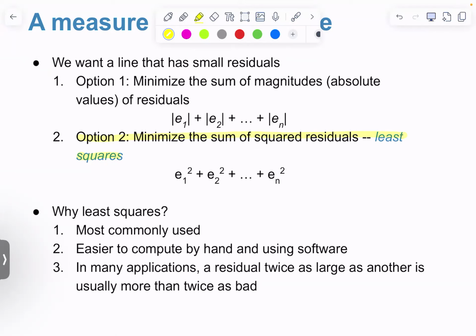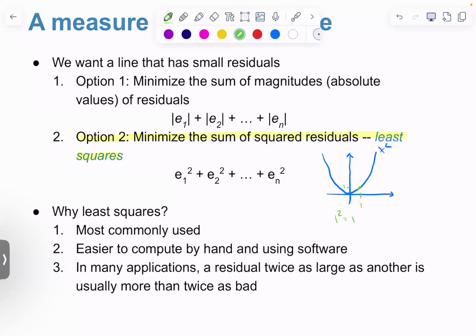But also squaring a larger value makes it really, really large, right? And so it makes it harder to minimize it. And so if we remember our parabolas, x squared, then if I put in 1, 1 squared is 1, right?